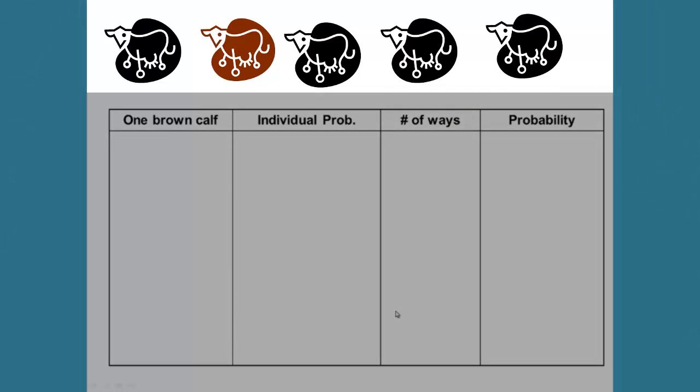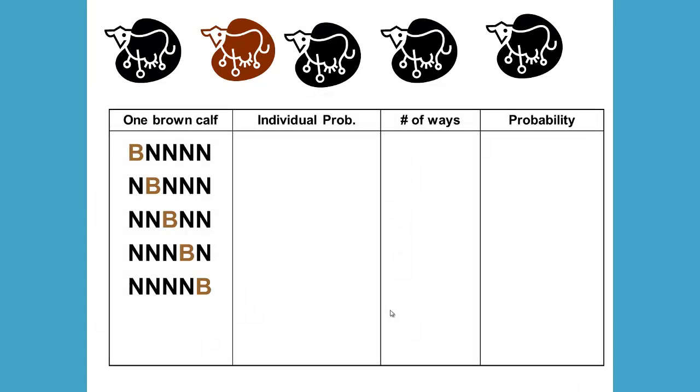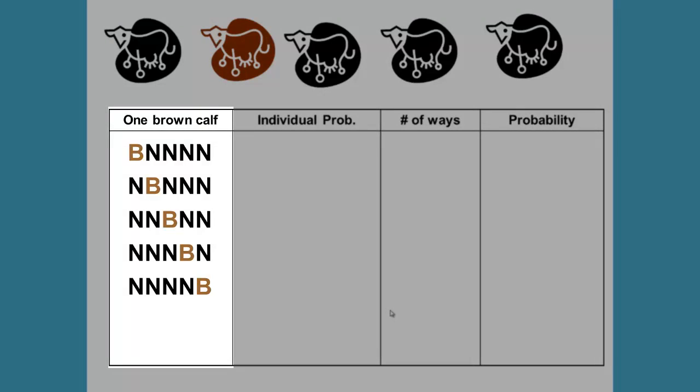Moving forward, our next step in our set is to look at having one brown calf. So for one brown calf, we have 5 possible scenarios, and you can see those on the screen. I'm not going to read those out loud.